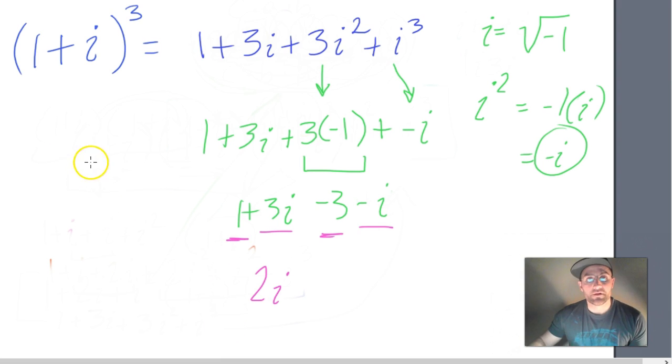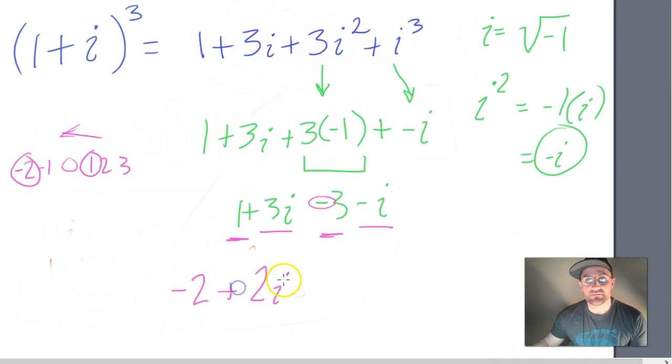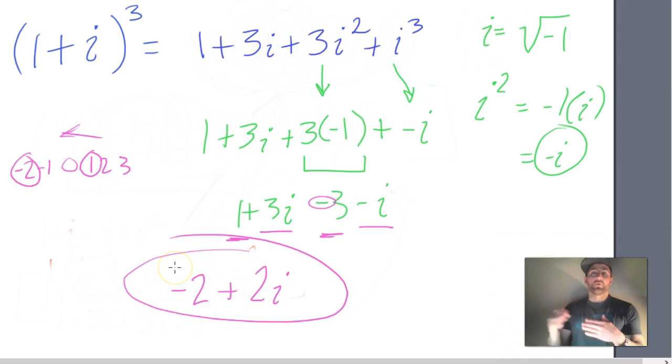If we have 1 on the number line and we go in the negative direction 3 places, we have 0, negative 1, negative 2, so we end up at negative 2. So we have negative 2, positive 2I. And if you rewind back to the beginning of the video, we see that our answer to 1 plus I in parentheses taken to the cube is negative 2 plus 2I. All right, cheers.